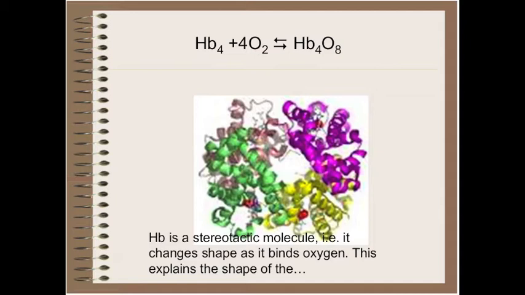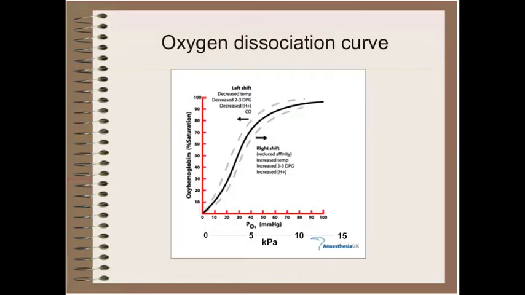And so when the first oxygen molecules join in one of the segments, that makes it actually easier for the next ones to join, and vice versa when unloading oxygen. And this stereochemical change explains why the oxygen dissociation curve is not a straight line, but it's a sigmoid curve that you're all familiar with.